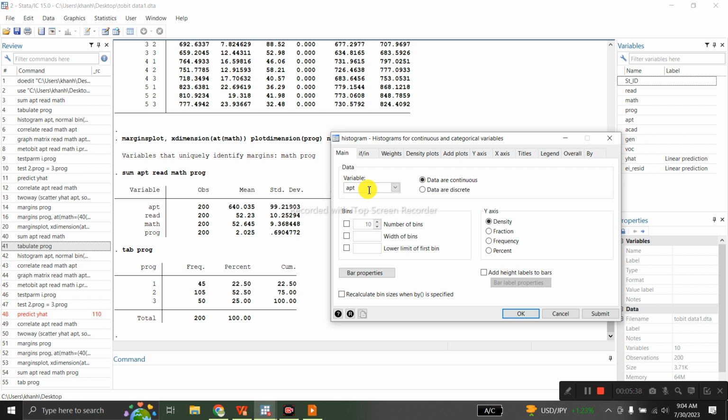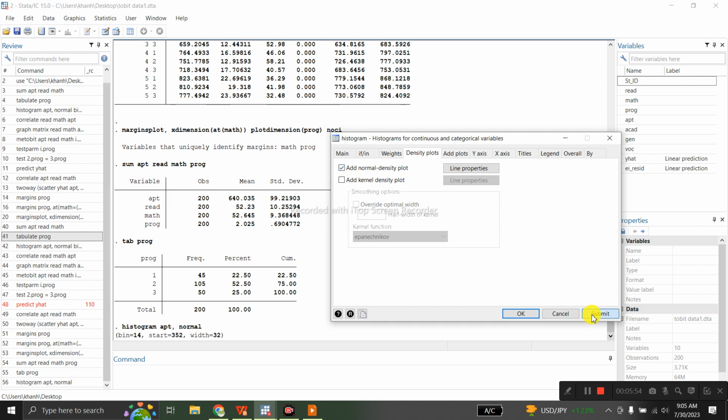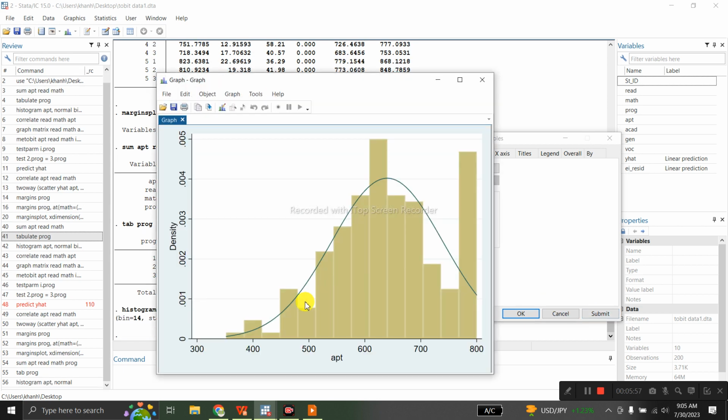My dependent variable is aptitude. I also need a normal density plot, so I will check this box. So here is my histogram of the aptitude, that is my dependent variable, and this is the normal plot fitted to this data.